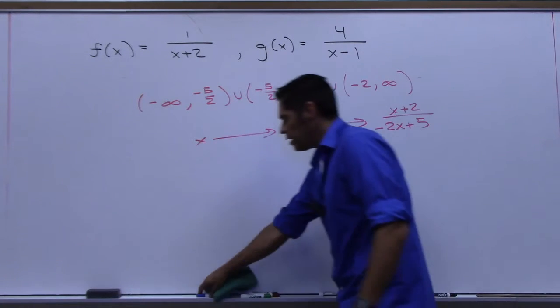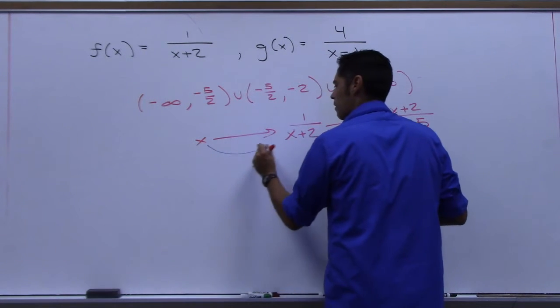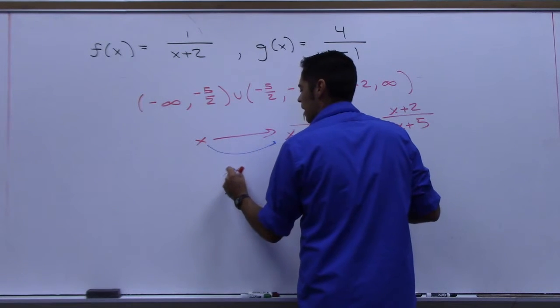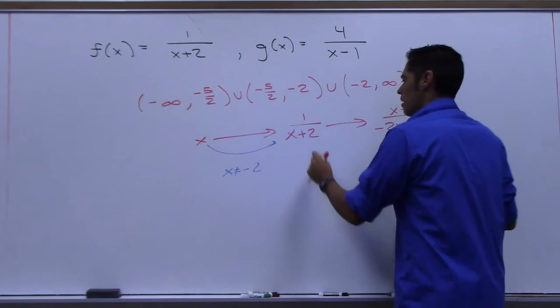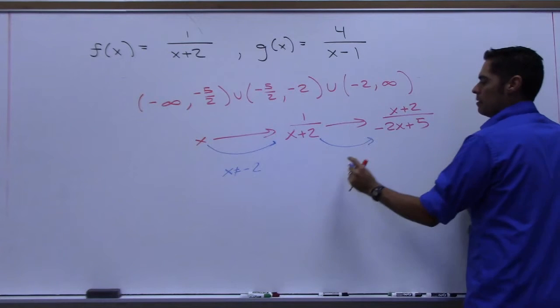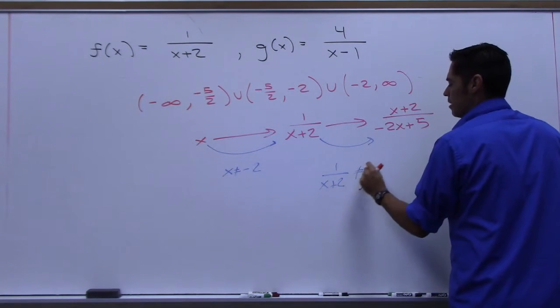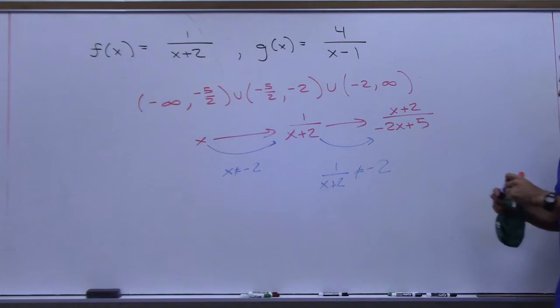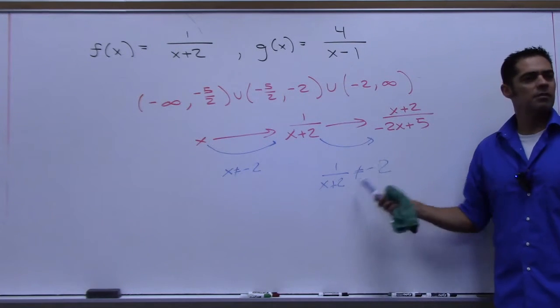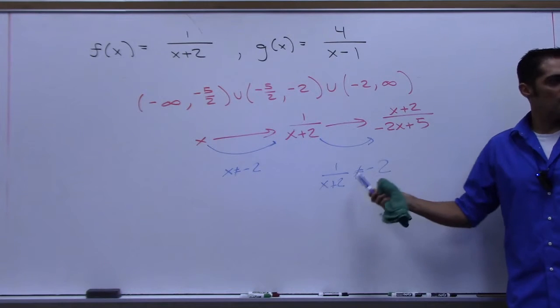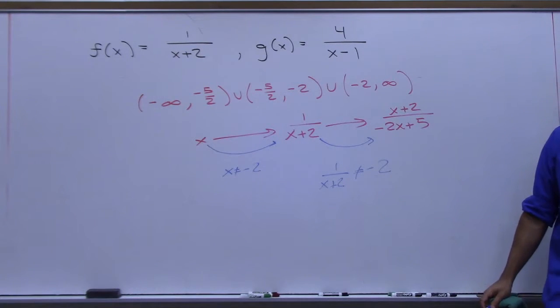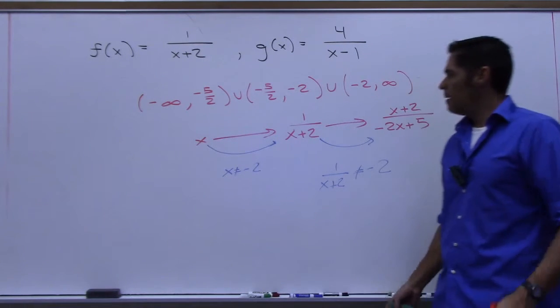So from here to here, x cannot be negative 2. But from here to here, 1 over x plus 2 cannot be equal to negative 2. And so that's the part you have to set up and solve. And you should get, what, 5 halves, negative 5 halves? Okay.